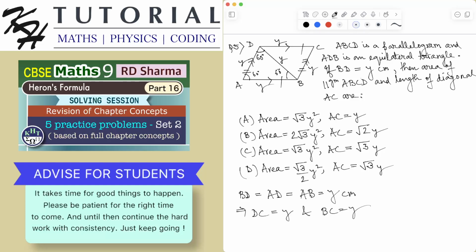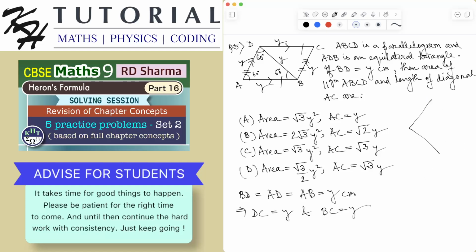Since this is a rhombus, any diagonal of a rhombus divides the entire rhombus into two congruent triangles.